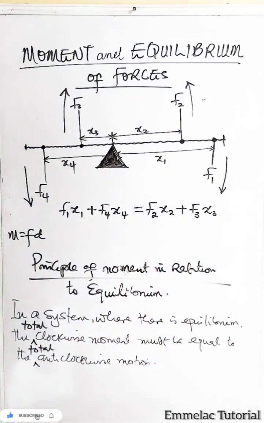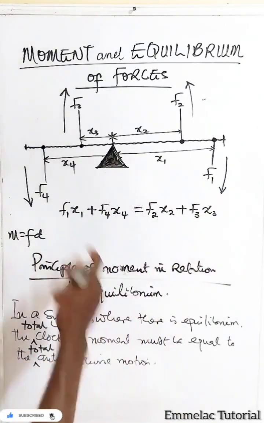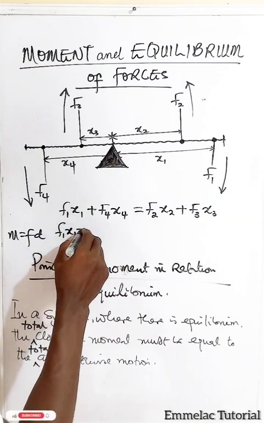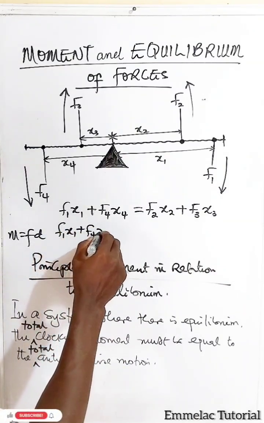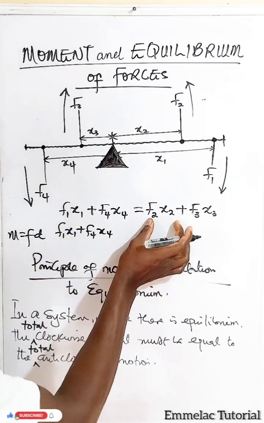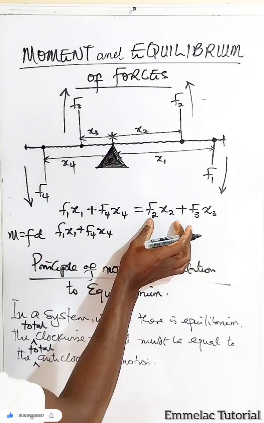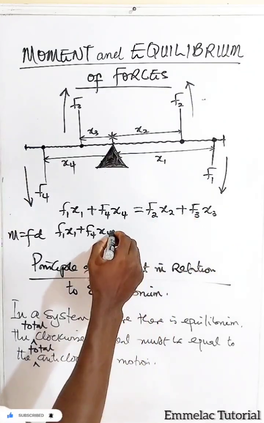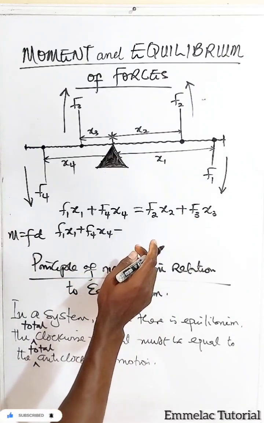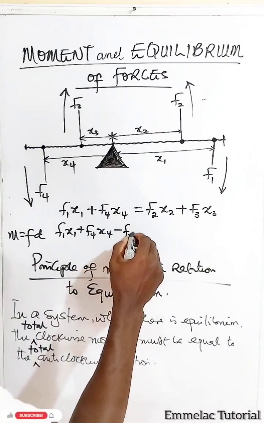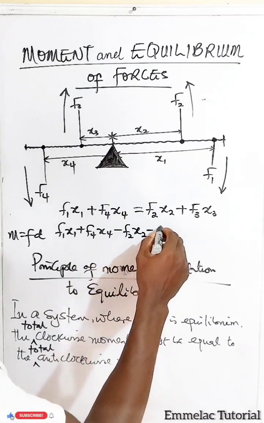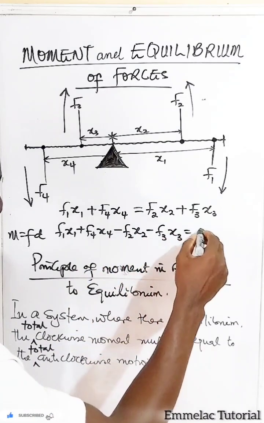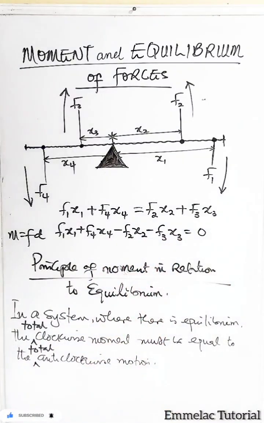Is that clear? So the whole system can also be zero by saying F1 x1 plus F4 x4, bringing the moments of F2 x2 and F3 x3 to the left hand side with a minus, so F1 x1 plus F4 x4 minus F2 x2 minus F3 x3 all equals zero.